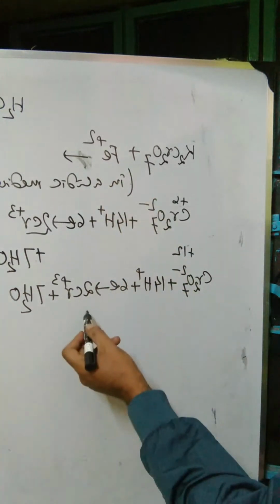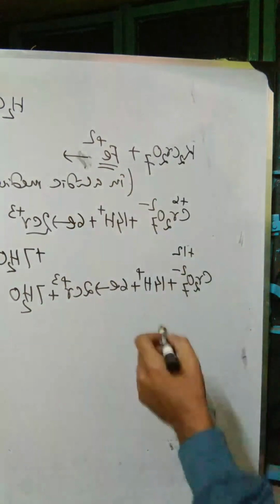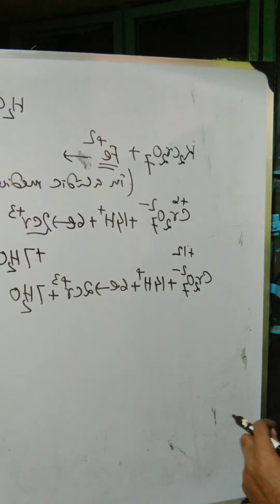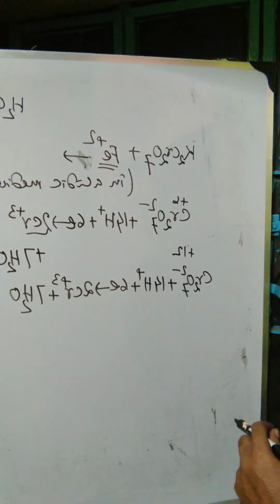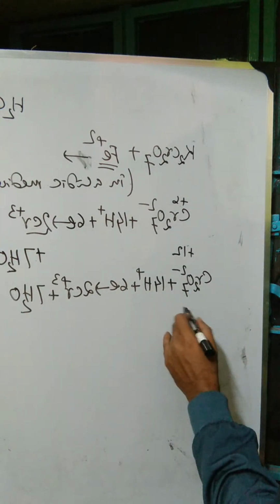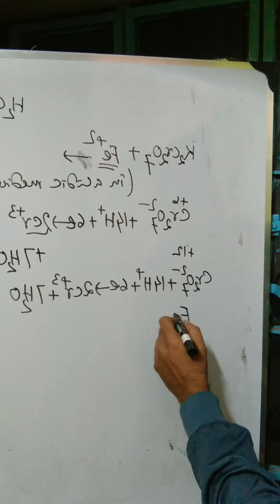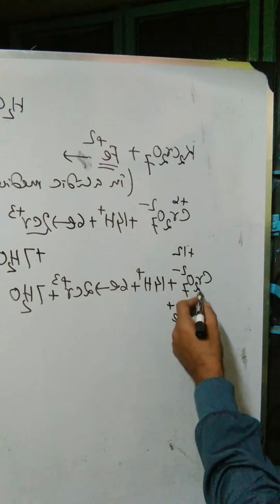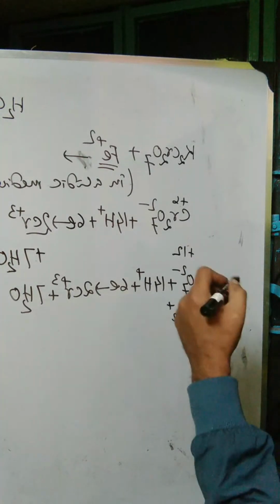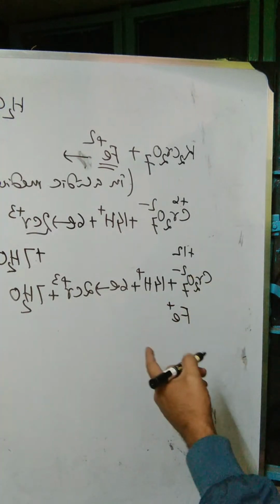Now let us consider the oxidation process. One is reduced, so the other must be oxidized, because in a redox reaction one is reduced and the other is oxidized. So these 6 electrons come from Fe+2, right? Because no free electrons are there. If the dichromate ion is accepting electrons, there must be someone who will give those 6 electrons.